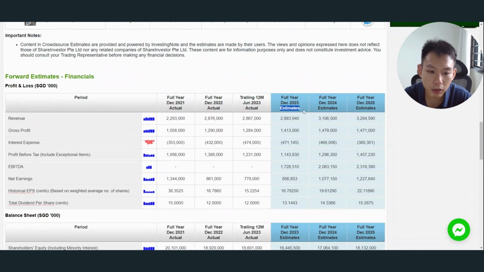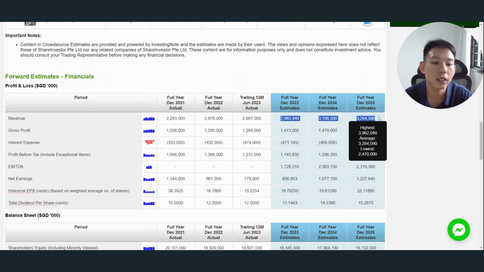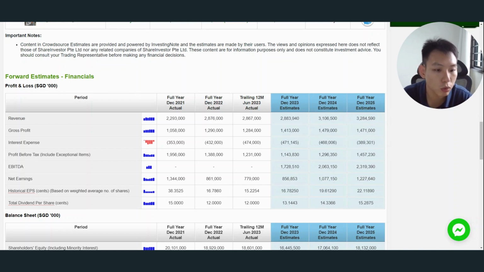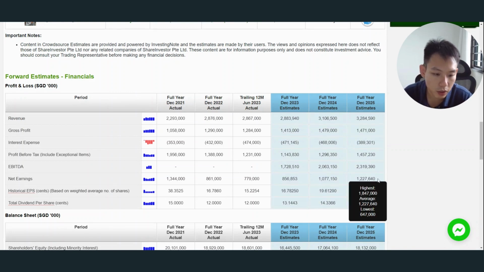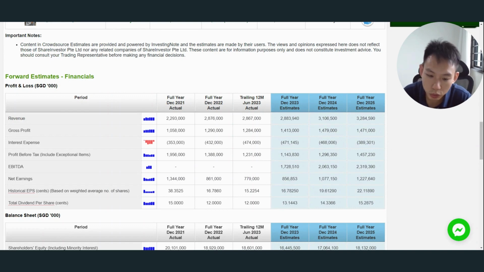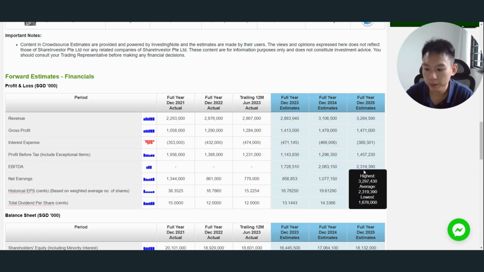And next, let's look at their forward estimates from the analysts. All right, so you can look at these light blue color columns. We can see that the analysts are saying that the revenue will be increasing into 2025 as well. Net earnings also going to increase from 779 million in June 2023, trailing 12 months, to around 1.2 billion come 2025.